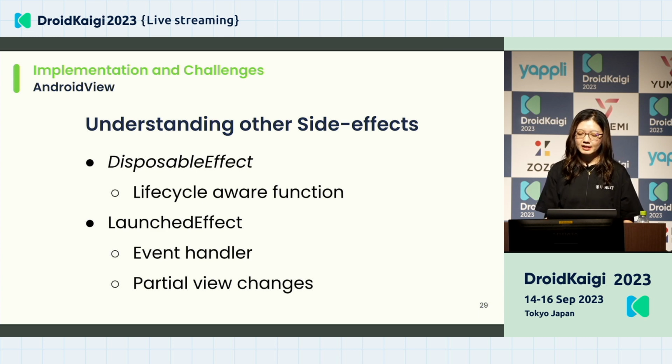In addition to the situations we discussed earlier, we employ compose side effects to handle the remaining scenarios. For instance, DisposableEffect manages lifecycle-aware functions, while LaunchedEffect can handle events or other partial view changes.